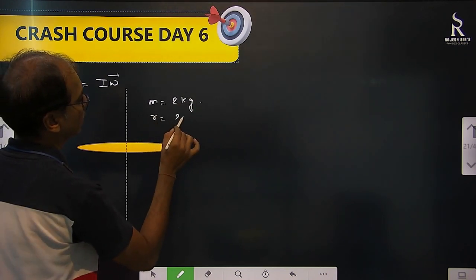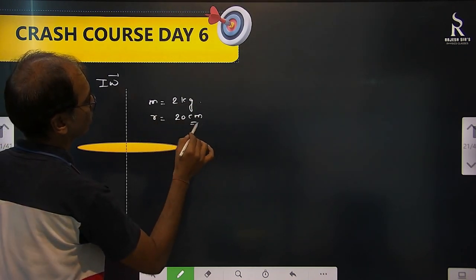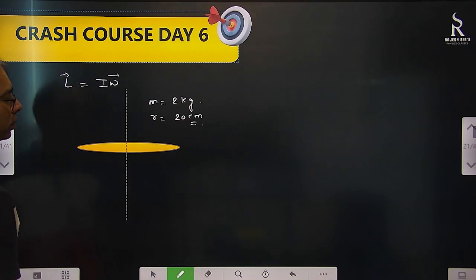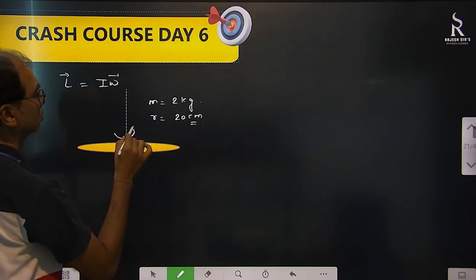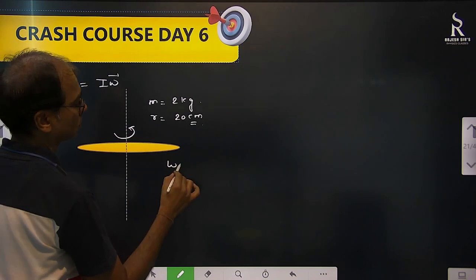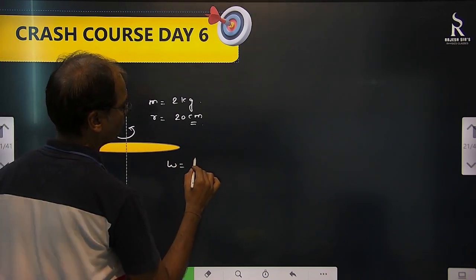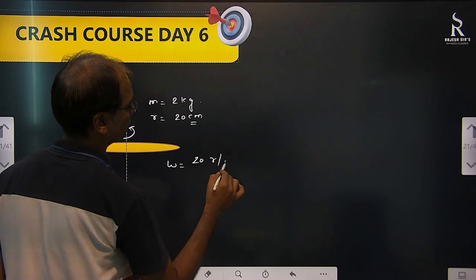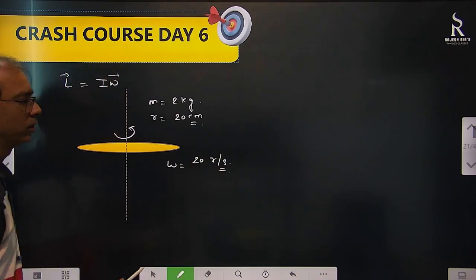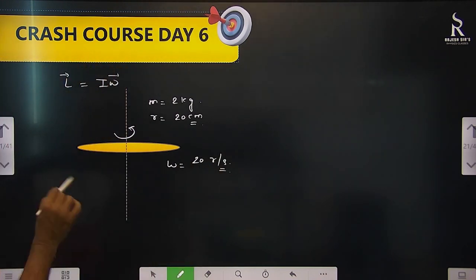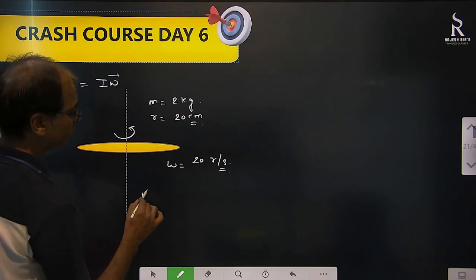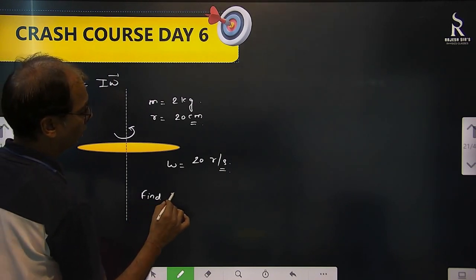Radius is 20 centimeter. Okay, and omega is given to you as, let's say, 20 radian per second. So what is its moment of inertia, and then what is its angular momentum? Find I and then L.